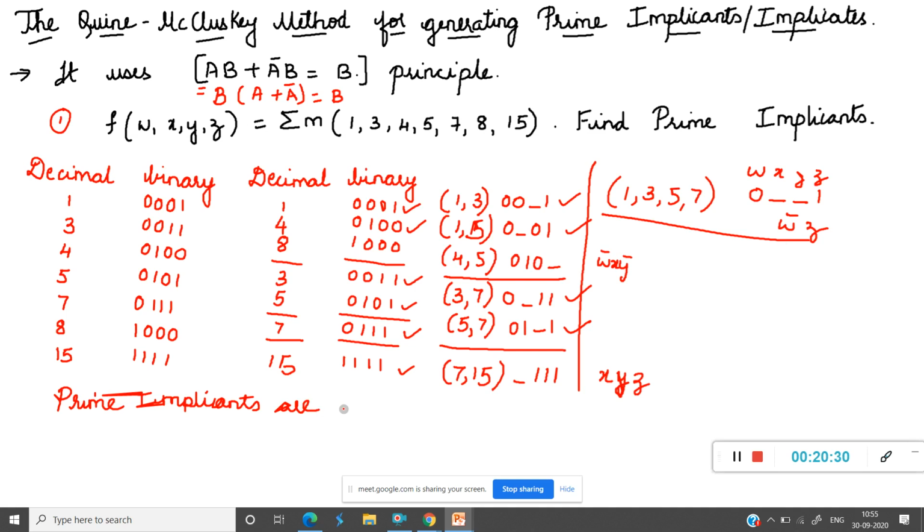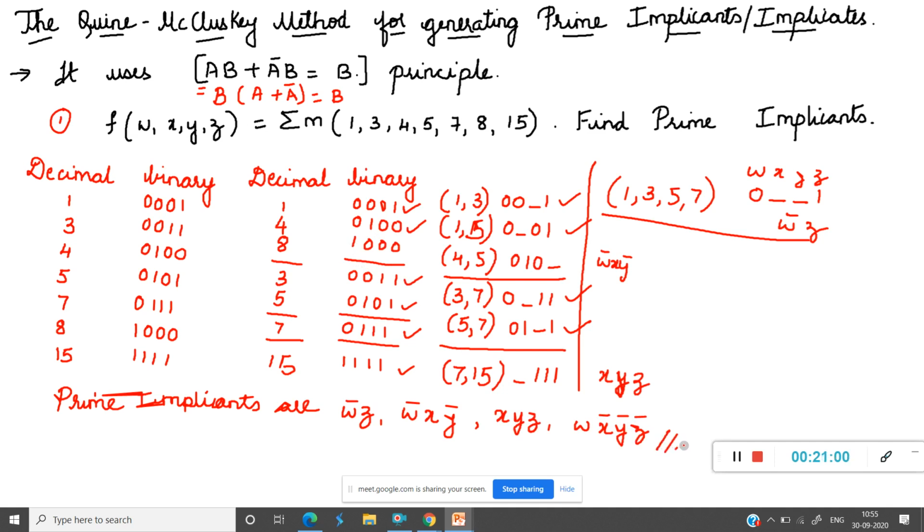First one is this W bar Z, comma. Second one is this, W bar X, Y bar. Okay, next X, Y, Z, comma. Next, this 8 is not ticked here. This is also a prime implicant, that is W, X bar, Y bar, Z bar.